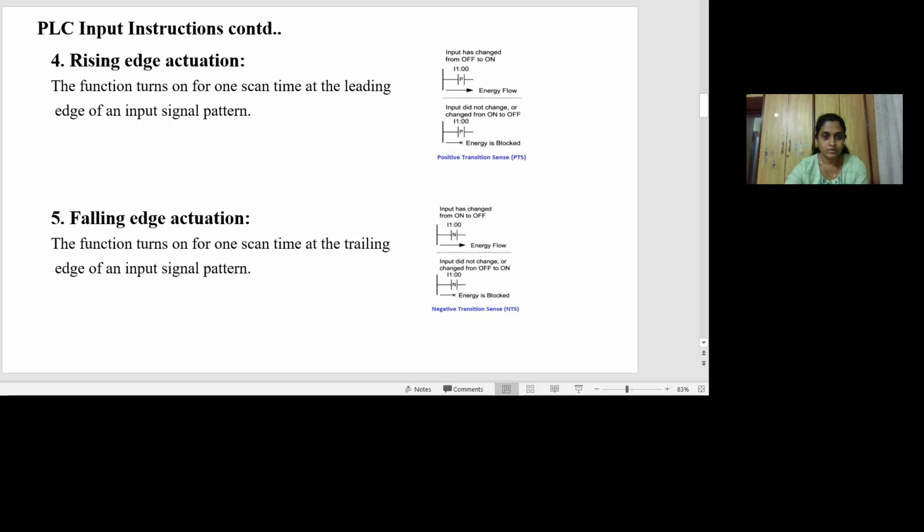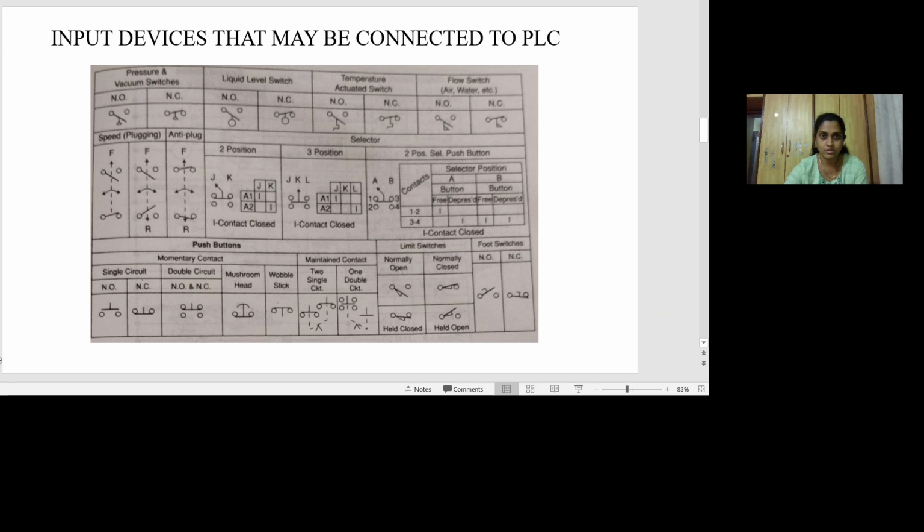And in the next slide, we'll see some of the input devices that may be connected to the PLC. Here, I've shown the input switches along with their symbols. So you can have pressure and vacuum switches, the liquid level switches, which indicate the level of a liquid, then temperature actuated switch, flow switch, then we have selectors.